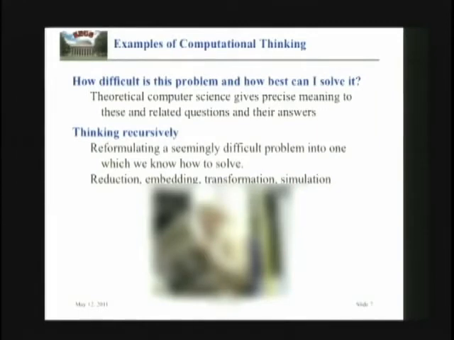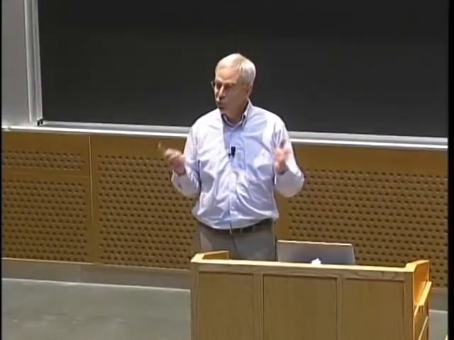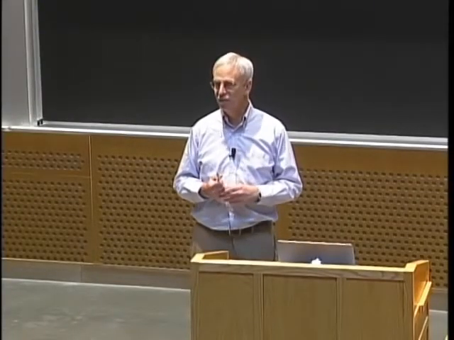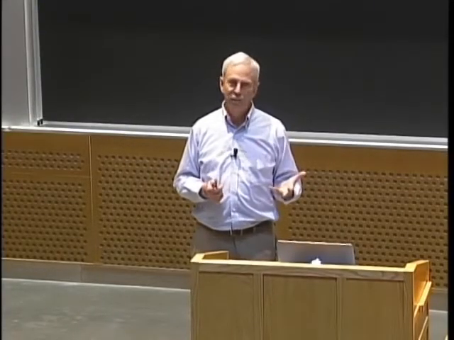There's embedding, where, okay, our problem is complex. We can't reduce it to a different problem, but we can embed a different problem in it as at least part of the solution. We can do some transformations, take one problem and transform it to a different problem, usually a simpler problem that we know how to solve. We've seen a lot of that.